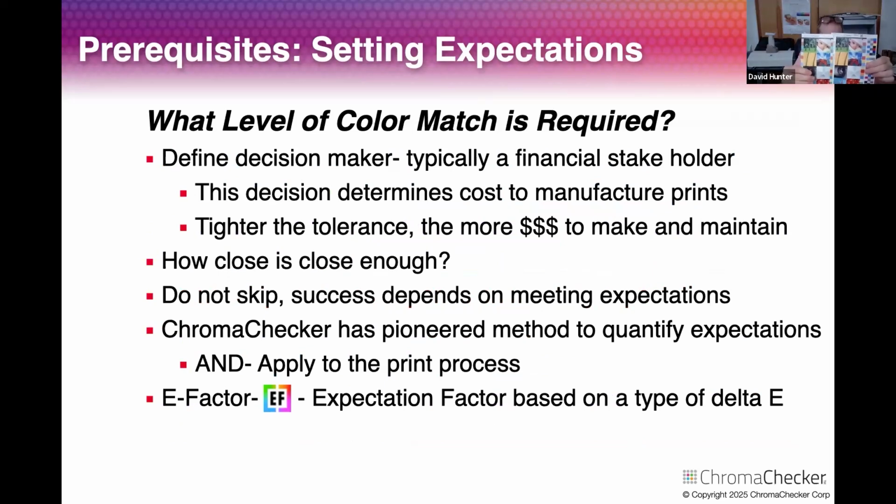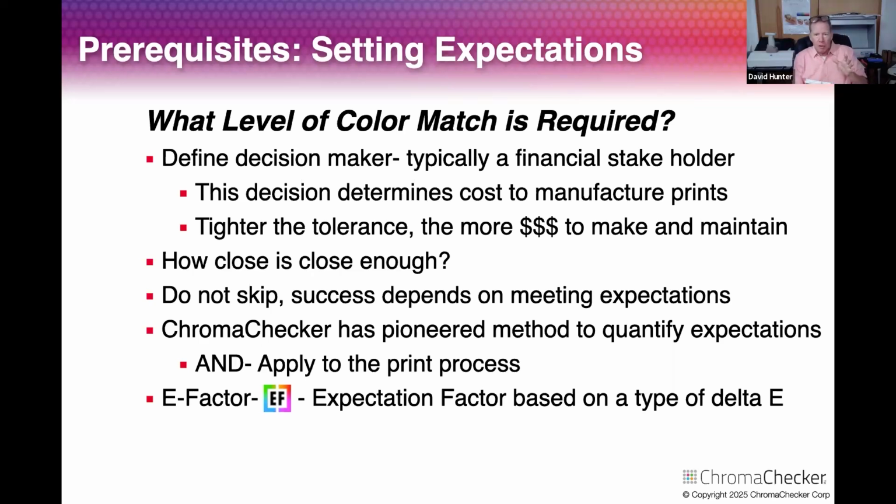It's dependent on the type of work and the type of customers you want to satisfy. Because you need to determine your plant's capabilities and set the tolerance to be uniform, no matter the operator, no matter the press, no matter anything. You can't skip this because this determines everything.